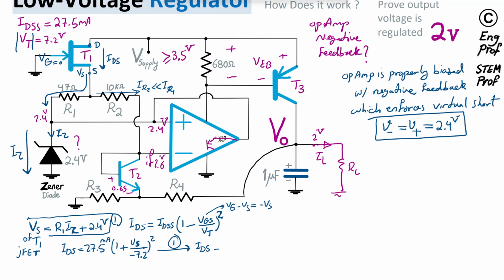So IDS is equal to 27.5 milliamp times 1 minus, instead of Vs, I'm going to use equation 1 as I said, which is this equation. So I'm going to just write R1 times IDS. So as I said, IZ is mainly IDS. And we have minus 2.4 volts divided by 7.2 negative, which negative showed up here.